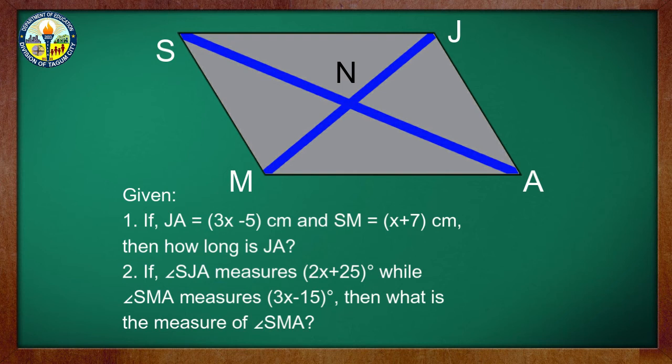If angle SJA measures quantity 2x plus 25 degrees, while angle SMA measures quantity 3x minus 15 degrees, then what is the measure of angle SMA? Your time starts now.